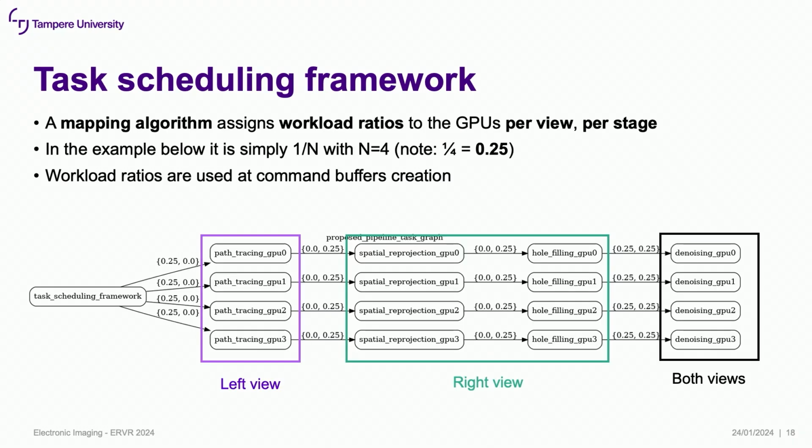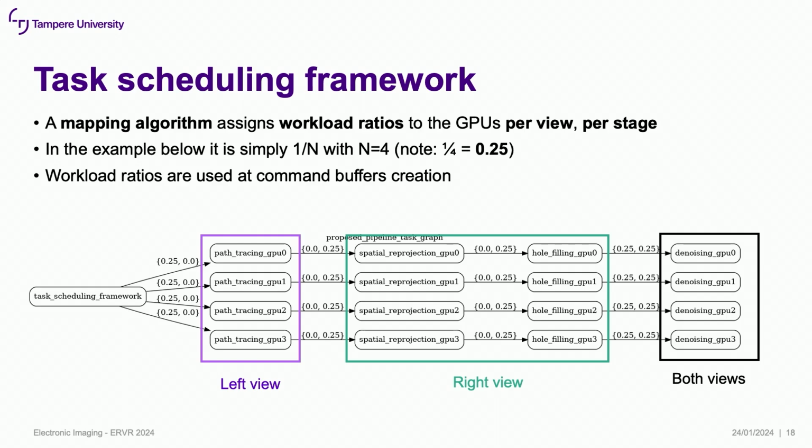Here, as you can see, we have our task scheduling framework. First, as I said, we rasterize the left view. We see that we have the workload ratio, let's say for the edge or the arc on the top of the graph. The first one is 0.5, so it means that we will just rasterize 1/4 of the left view.